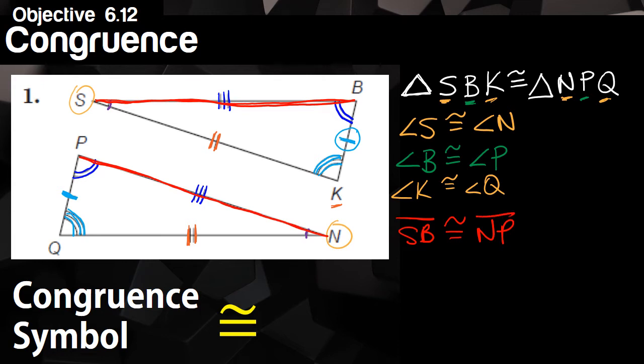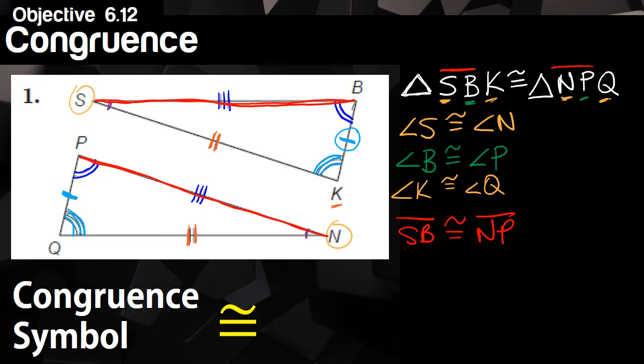Even if we didn't have the triangle here, we can say that line SB is congruent to line NP.